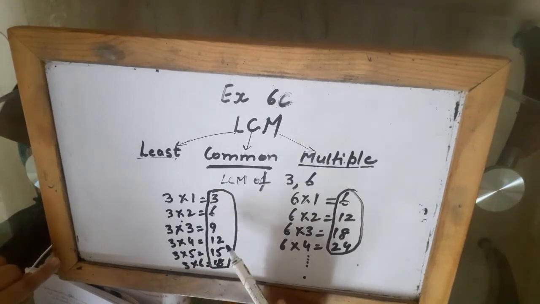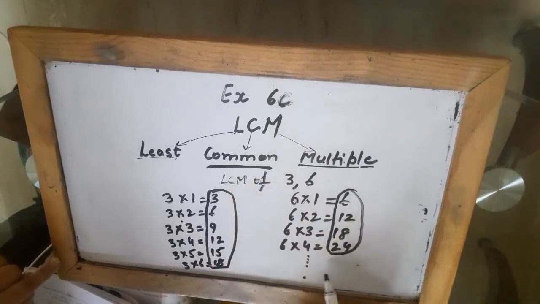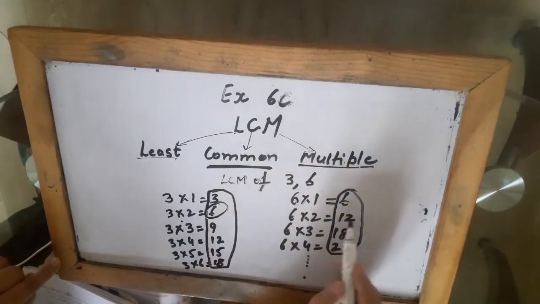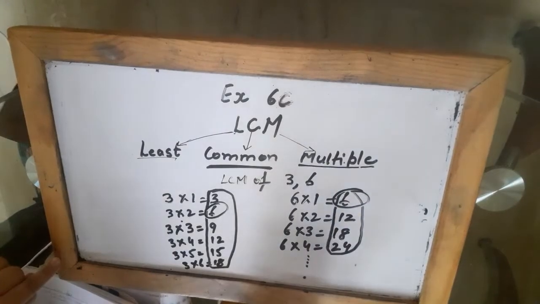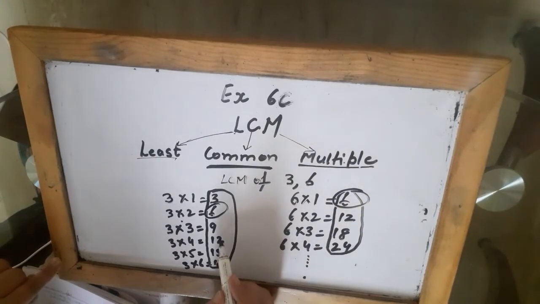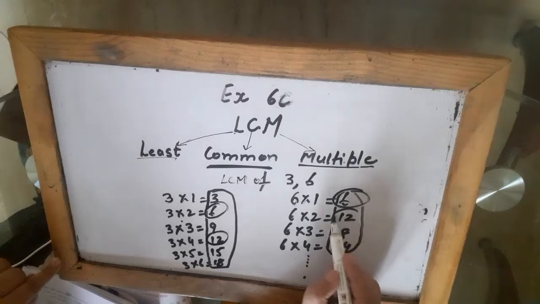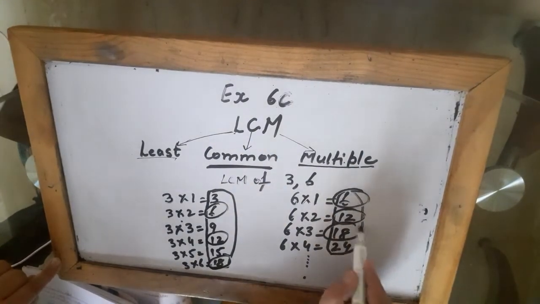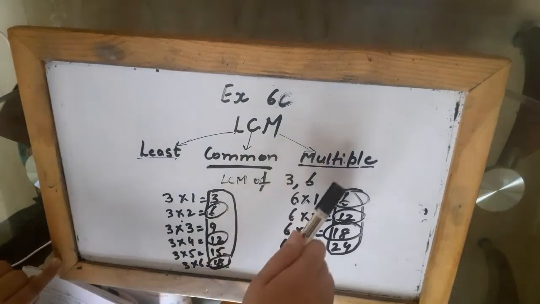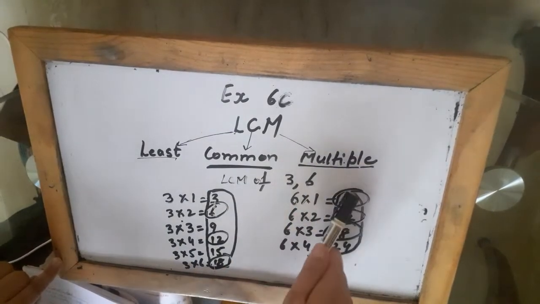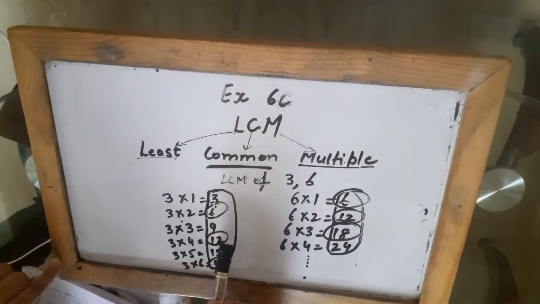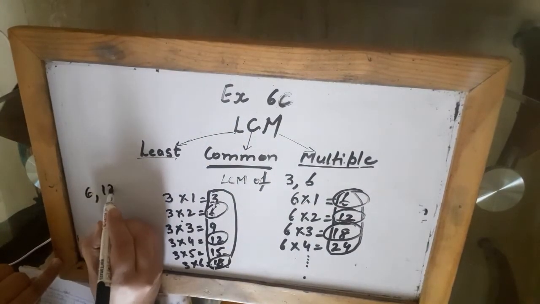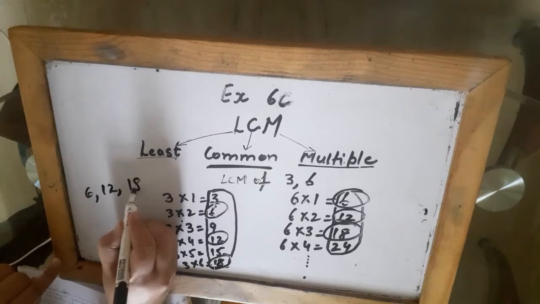As I look at these multiples, you can see that 6 is common in both of them, then 12 is common, and 18 is common. So the common multiples of both of them are 6, 12 and 18.